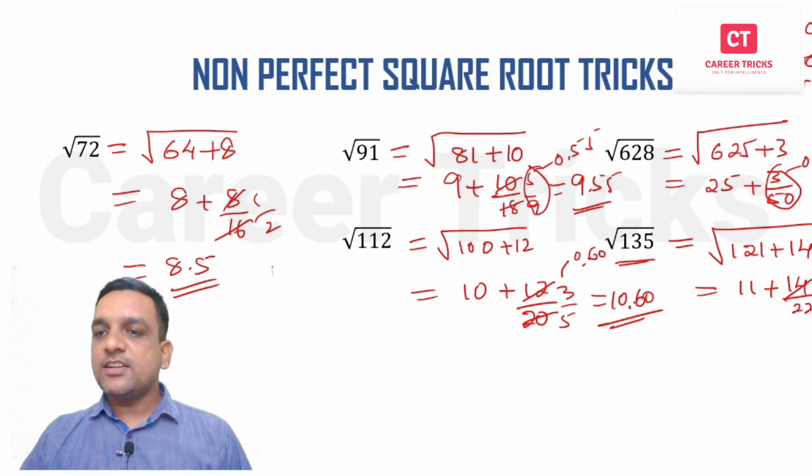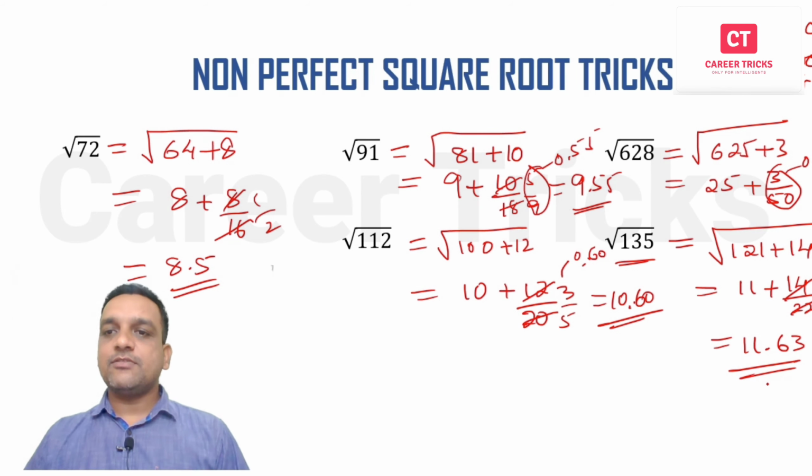Here if you divide, that is 7 by 11. 7 by 11 means what can we take? One more trick is there here. 7 9s are 63. Then we can take it as 0.63. 11.63 will be the answer for the square root of 135.